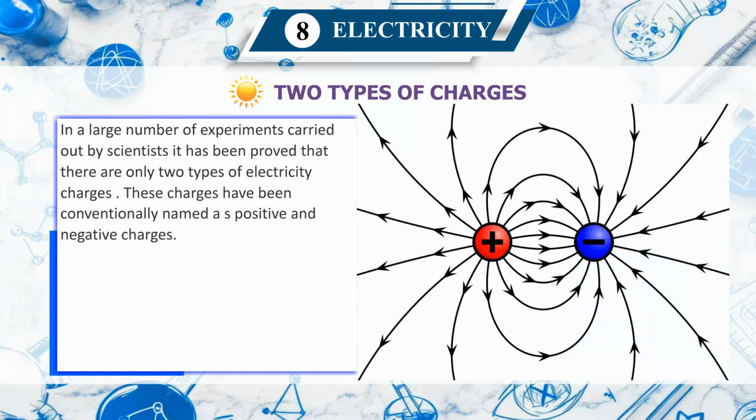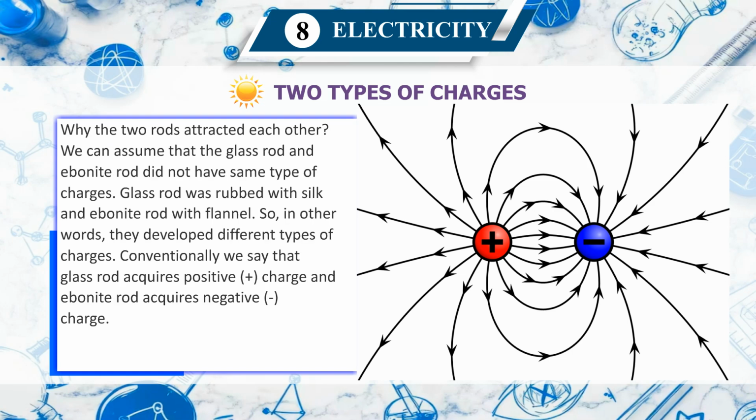In a large number of experiments carried out by scientists, it has been proved that there are only two types of electric charges. These charges have been conventionally named as positive and negative charges. We can show this by the following experiments. Why do the two rods attract each other?